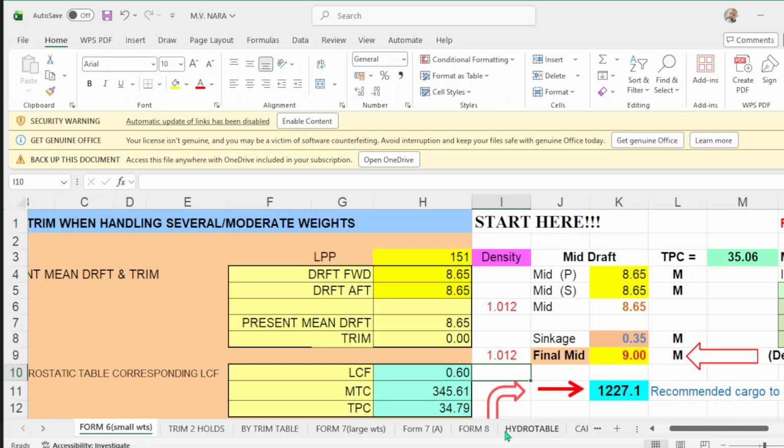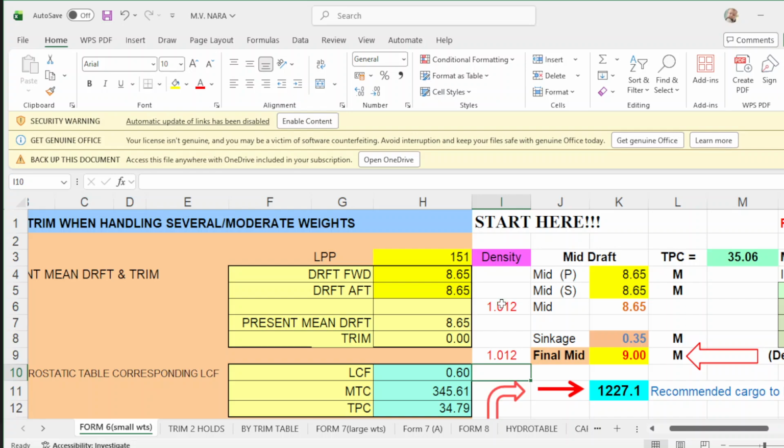Your present draft is 8.65 forward and aft, your actual midport is 8.65, and your mid starboard is 8.65, with a density of 1.012.